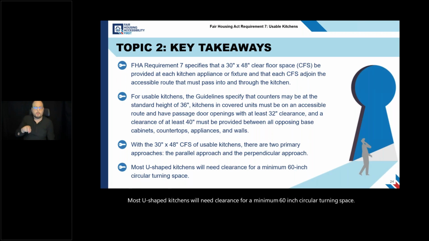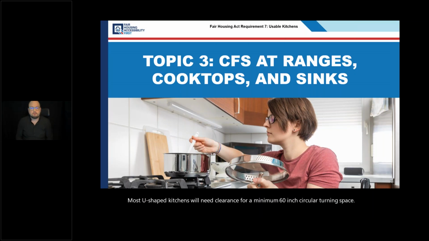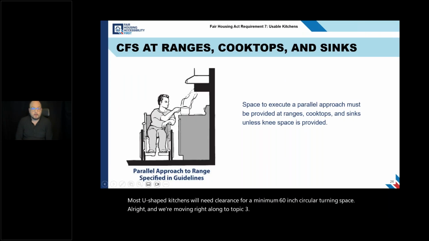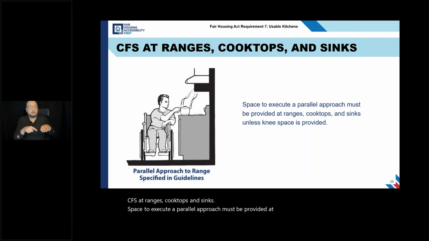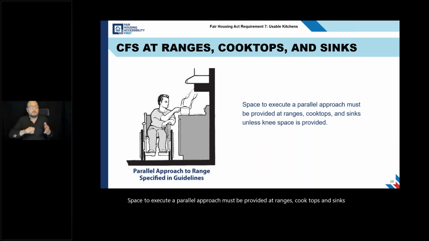All right, and we're moving right along to topic 3, CFS at ranges, cooktops, and sinks. Space to execute a parallel approach must be provided at ranges, cooktops, and sinks unless knee space is provided.